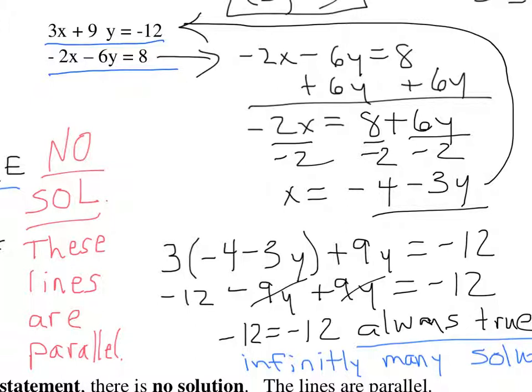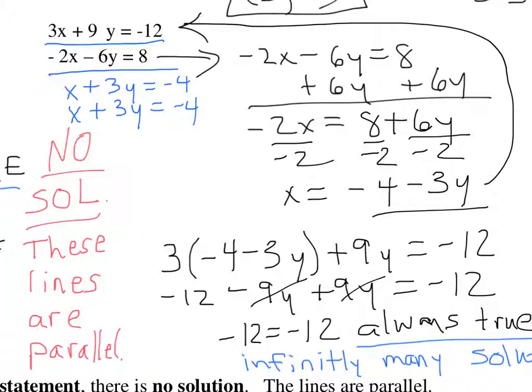If you divide the first equation by 3, you will get x plus 3y equals negative 4. If you divide the second equation by negative 2, you will get x plus 3y equals negative 4. It's the same equation. It just looked different.